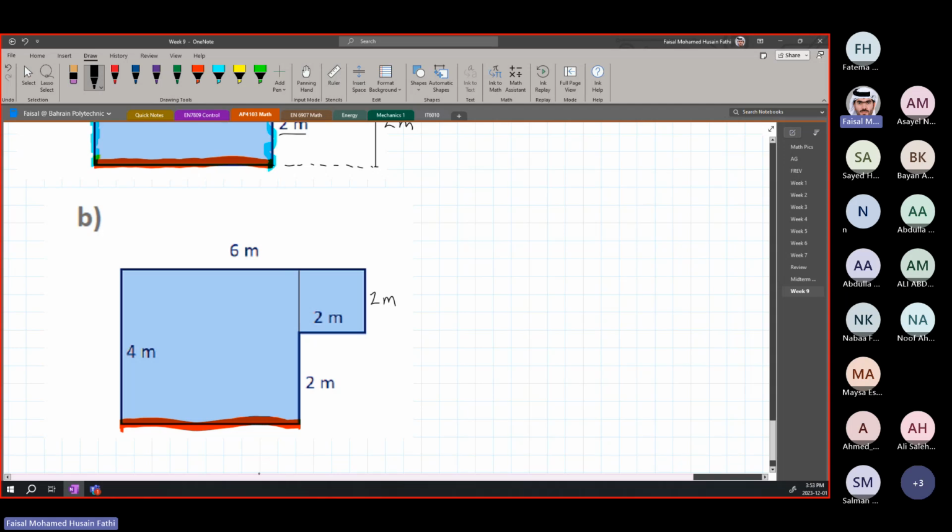We don't know what this side is. But we know that this full side at the top is 6 meters. So we know that this full side over here is 6 meters up to this point.